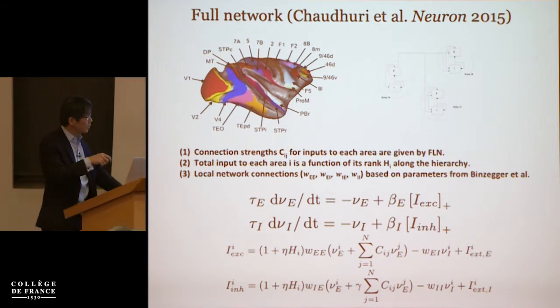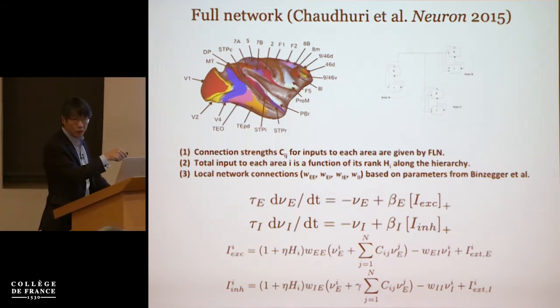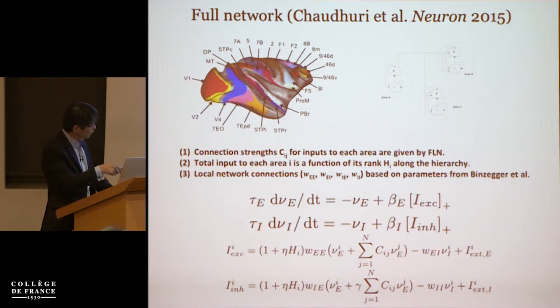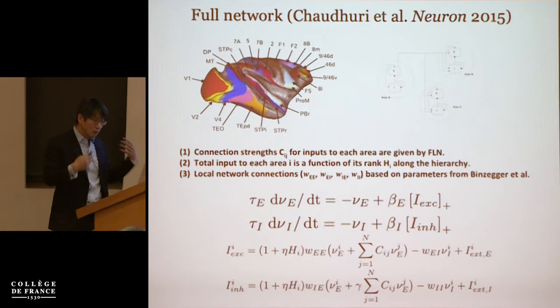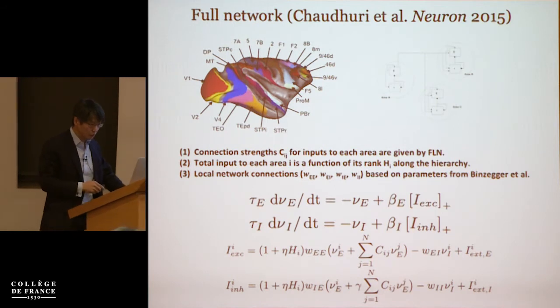For this example, the model is extremely simple. It's a threshold linear model, but each local circuit has an E population and an I population with all 4 possible connections: E to E, E to I, I to E, and I to I. That is the first version of the model that we built, spearheaded by Rishi Chaudhuri, a graduate student.